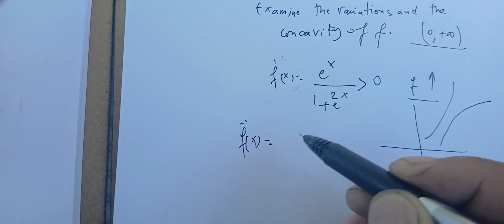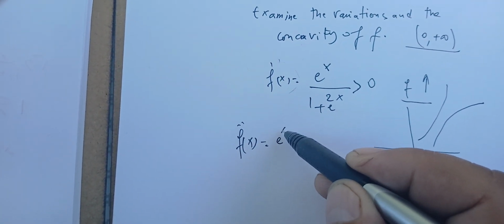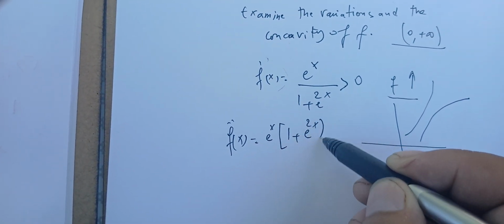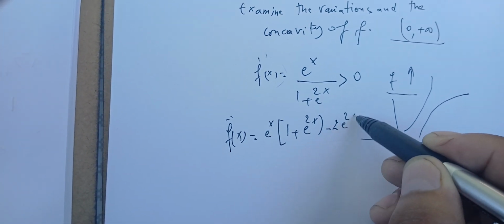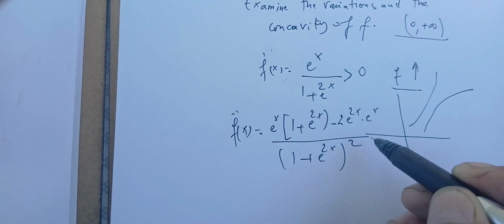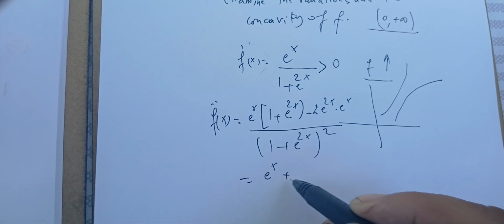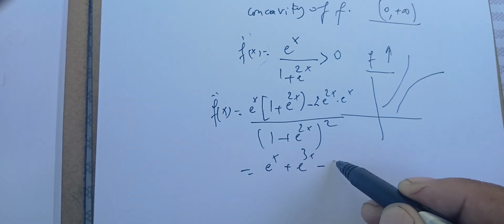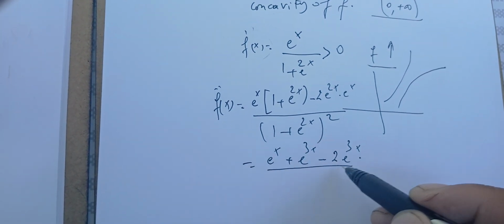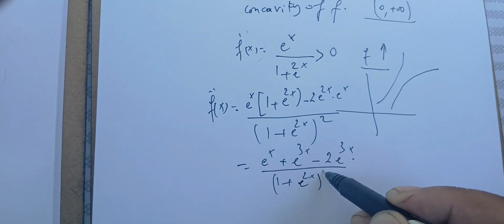Using the quotient rule, this gives us e to x times 1 plus e to 2x minus 2e to 2x times e to x, over 1 plus e to 2x squared. Let's simplify this one. We get e to x plus e to 3x minus 2e to 3x over 1 plus e to 2x squared.